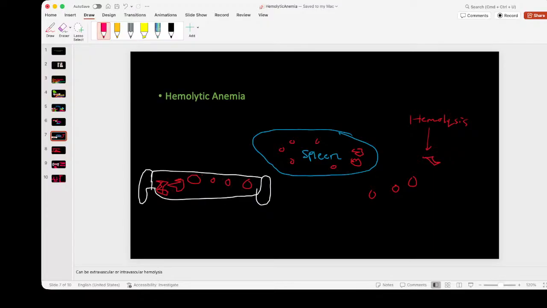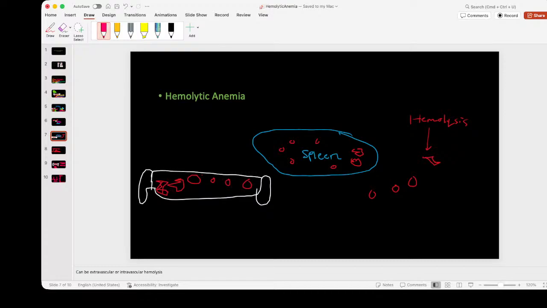So the red blood cells aren't really becoming fully matured in this stage, and then they get destroyed. Or maybe they aren't matured and then they're just destroyed shortly afterwards, whether it's extravascularly or intravascularly. It could be outside red blood cells as well. So those kinds of things can happen in the process.